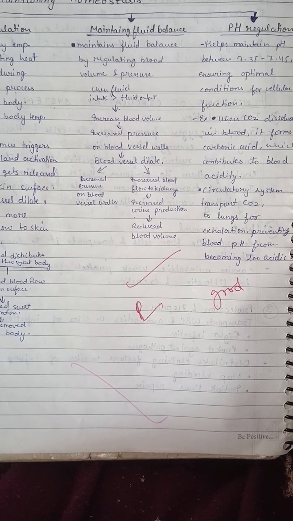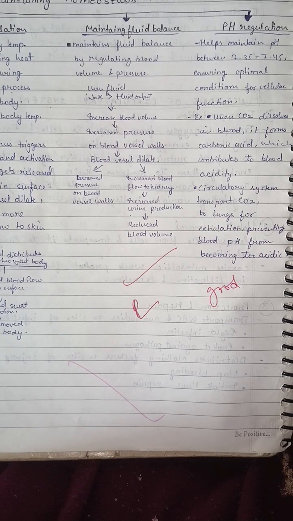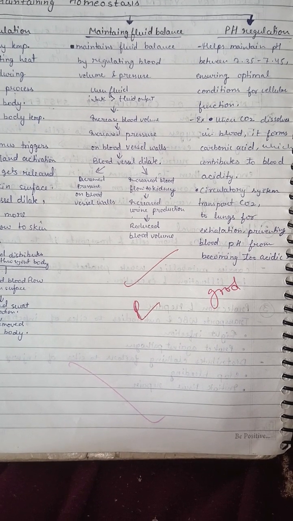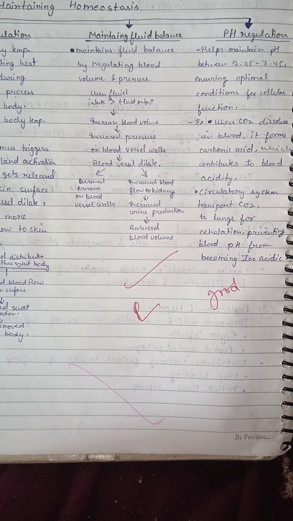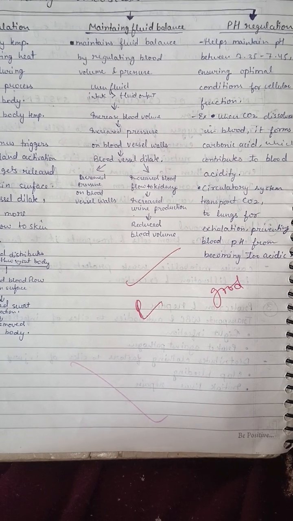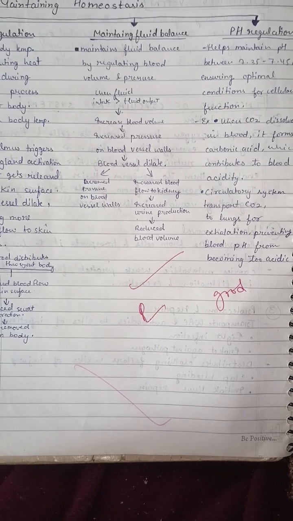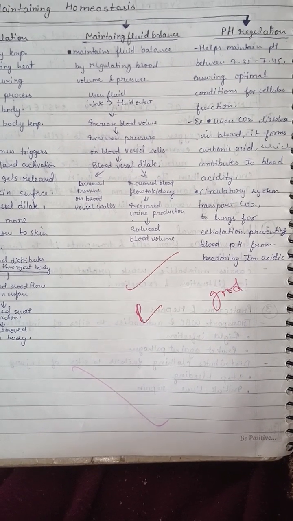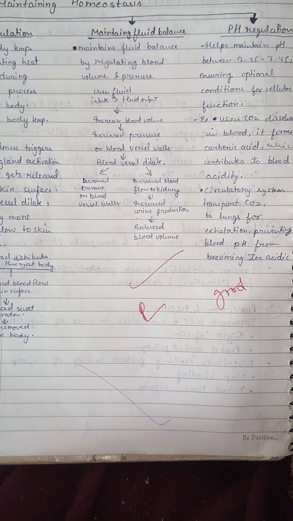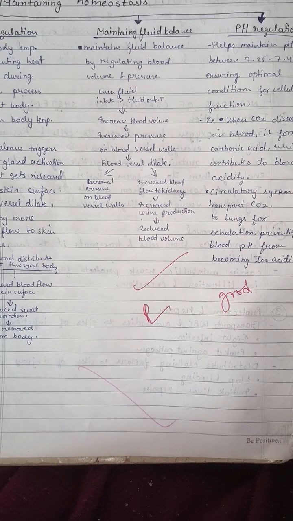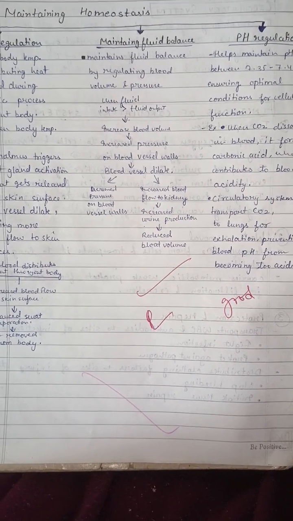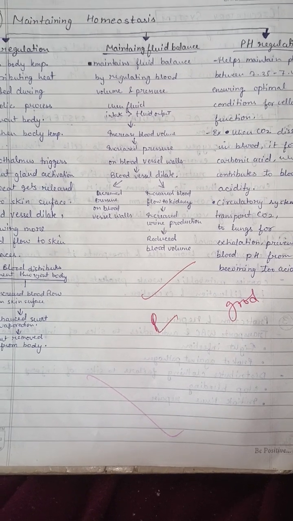The circulatory system transports CO2 to the lungs for exhalation, preventing the blood pH from becoming too acidic. By preventing this, the blood maintains its regulation and homeostasis.